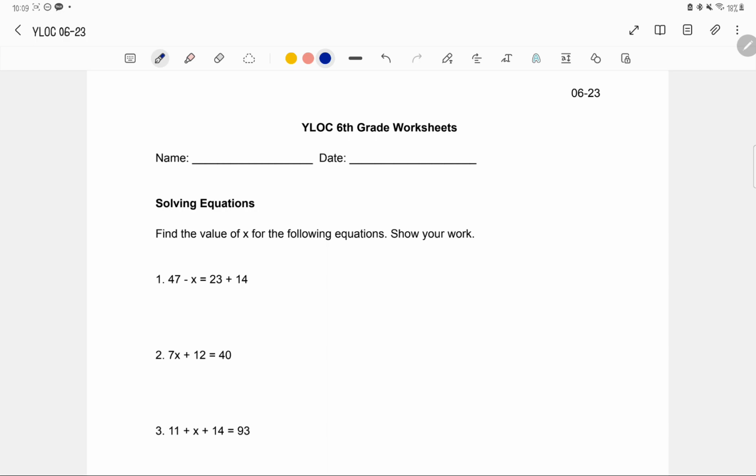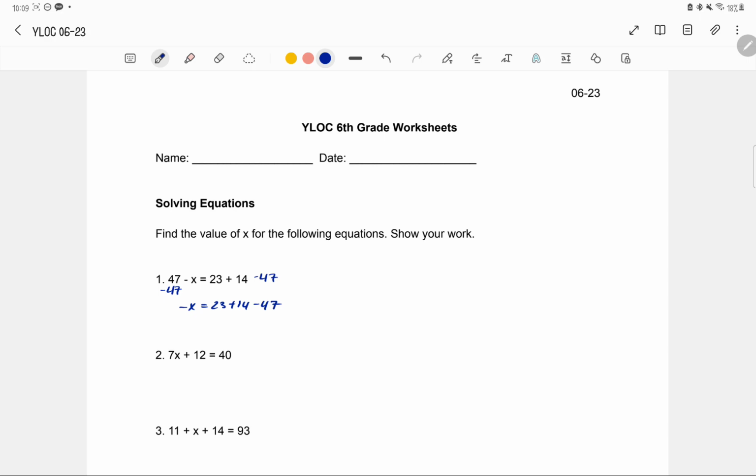But in order to do that, we're going to subtract 47 to get rid of 47, right? So negative x is equal to 23 plus 14 minus 47. We still have a negative in front.